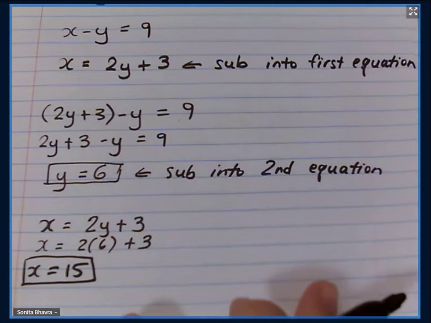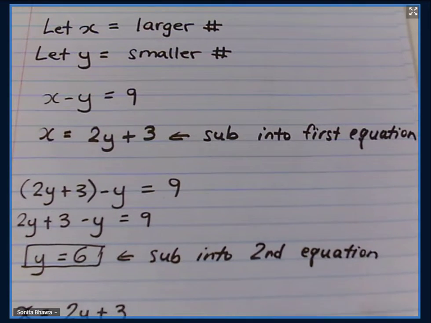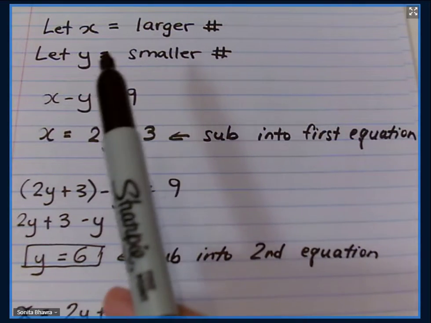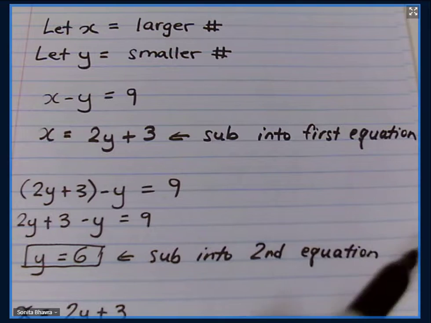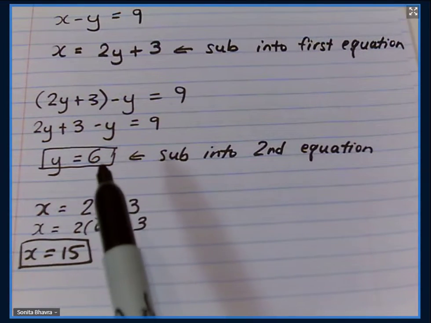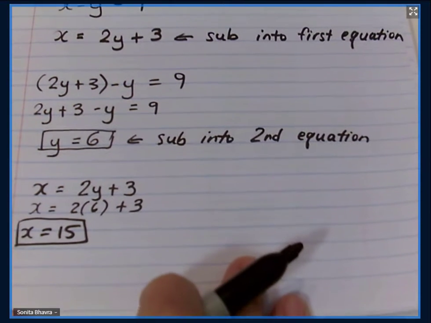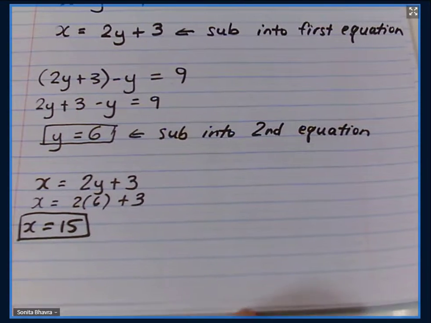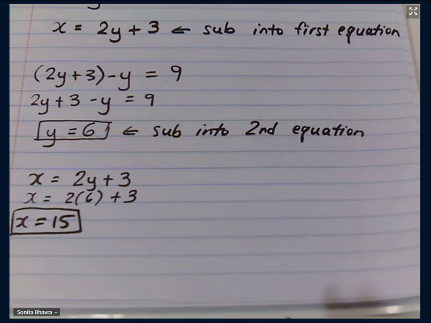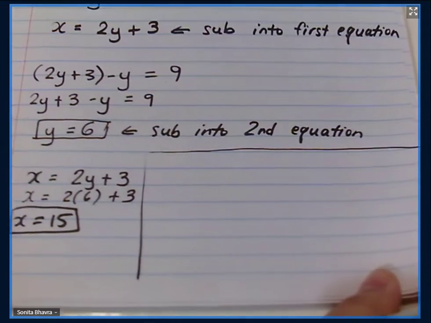All right, so go back up to what those represent. We had said that x represents the larger number and y represents the smaller number. All right, so our x here, our larger number is 15 and our smaller number is 6. The last thing you would do is just do a verification or a check. I'll quickly review here how to do the verification.